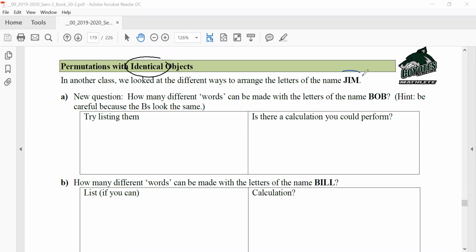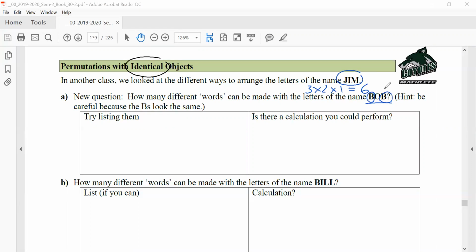Okay, earlier we looked at arranging the letters in the word gym. And if you remember, we could do that by going 3 times 2 times 1 using the fundamental counting principle. But the reason we could do that is because those letters are all different. What we're going to do here is look at Bob. The first thing I want you to notice is I've got 2 B's that are the same.